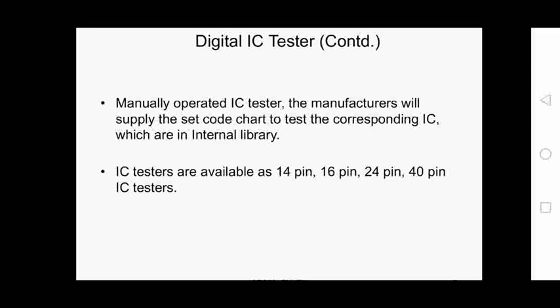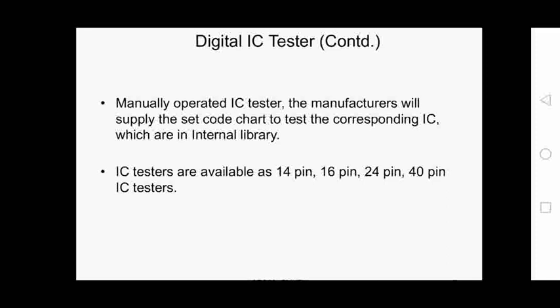Actually what happens is, when the IC manufacturer is manufacturing some IC, let us suppose there is an AND gate or OR gate or XOR gate, you will have the IC names 7404, 7408, XOR 7432.